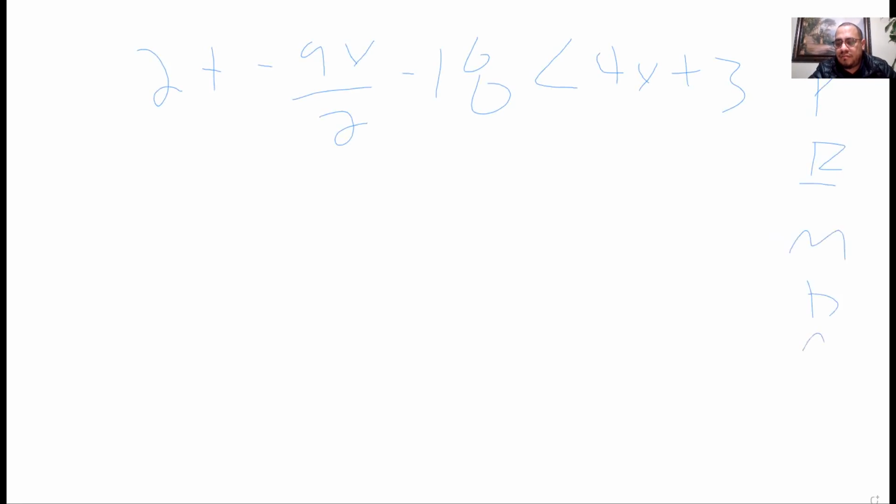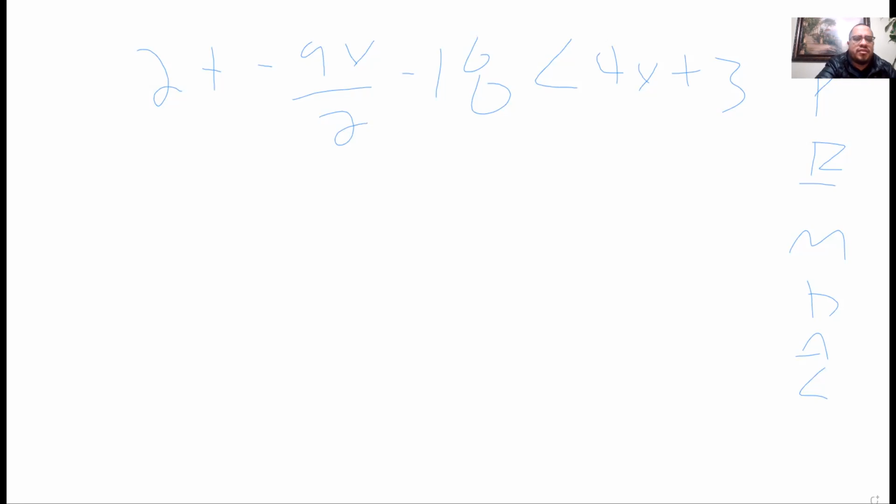So it's going to be 2 plus 9x over 2 minus 18 is less than 4x plus 3. All right, now that we have this, let's write the PEMDAS. All right.